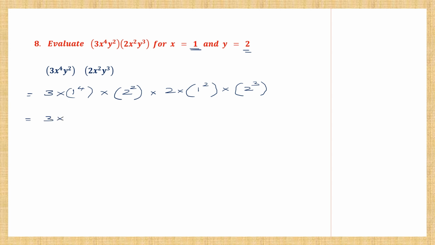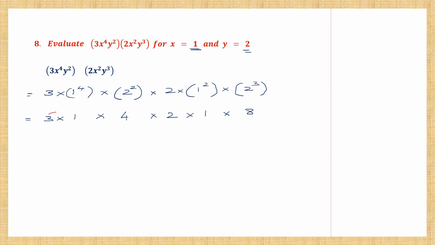Now let's simplify this. 3 into 1 to the power of 4 will be 3. 1 raised to any power will be the same number. 2 raised to the power of 2, 2 2s are 4. And then 2 into 1 square is 1, into 2 to the power of 3, 2 into 2 into 2, 2 2s are 4, 4 2s are 8. So into 8. So here the multiplication is simple.